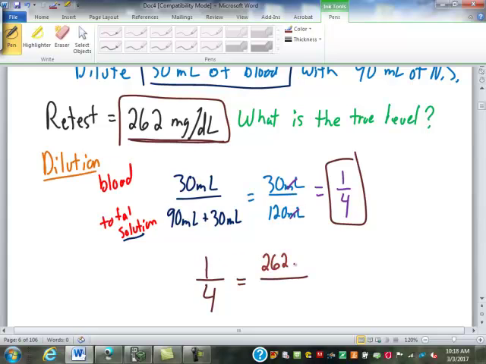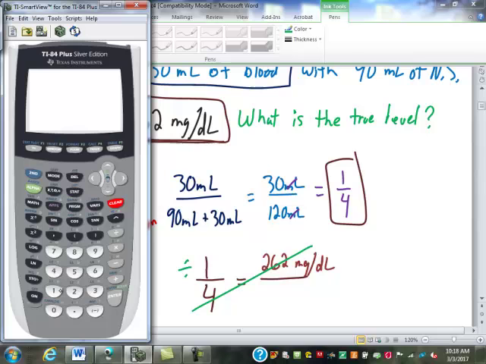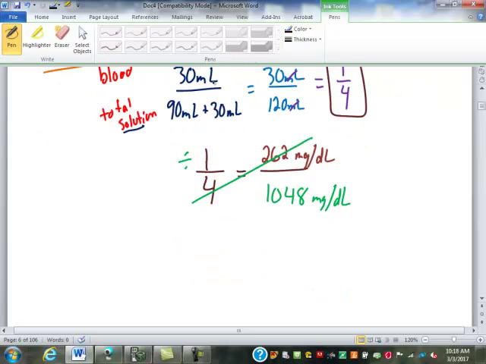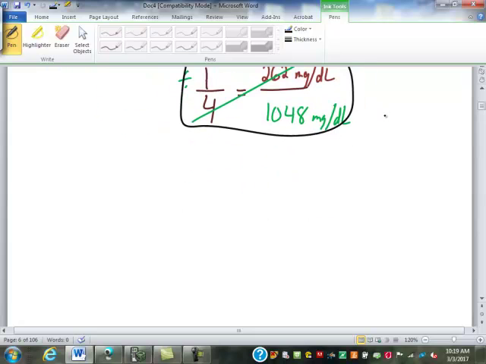So we're going to put the 262 with the 1. And now we can cross multiply and divide 4 times 262 divided by 1 should give us, what, 1,048? Yes. 1,048 milligrams per deciliter. So that use of that dilution to convert readings is actually a pretty handy tool.